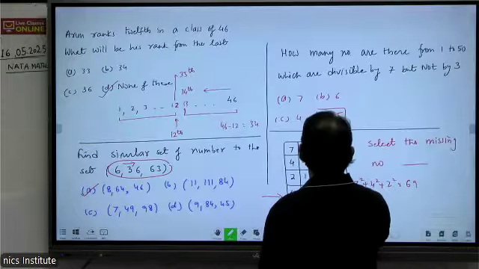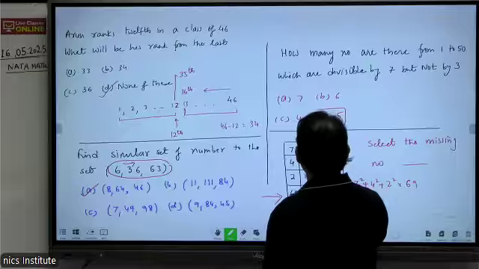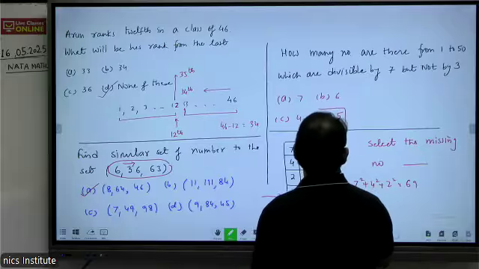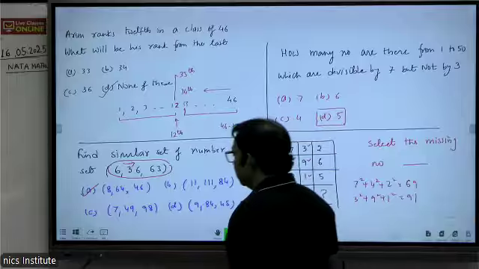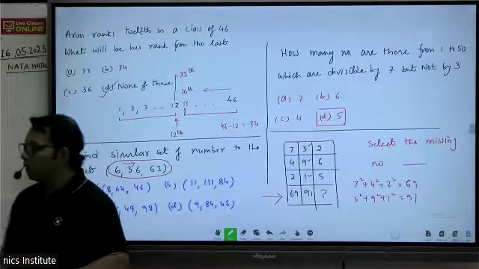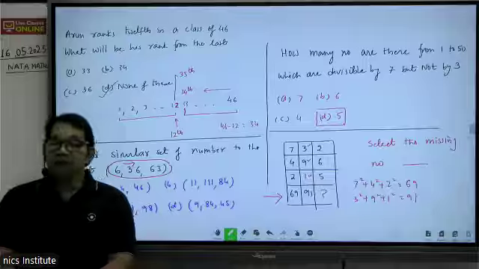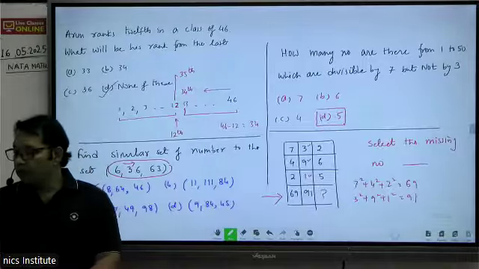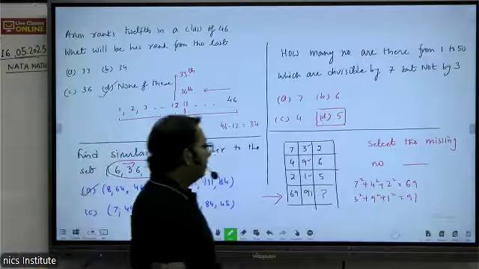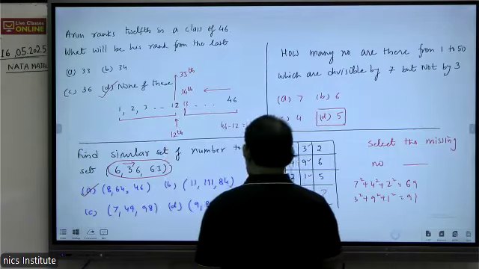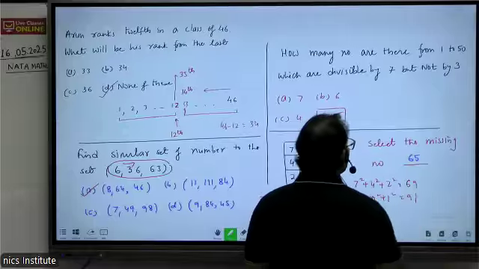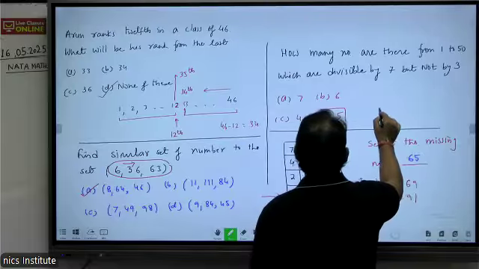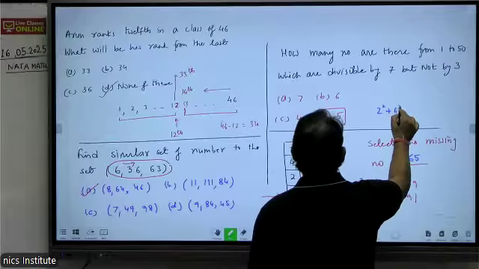If you square 3, 9, and 1 and add them, it's 91. So the question mark would be 2 square plus 6 square, that's 40, plus 5 square, that's 25. 65 is the answer.